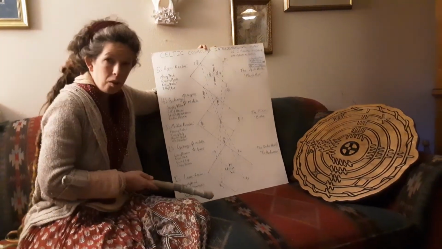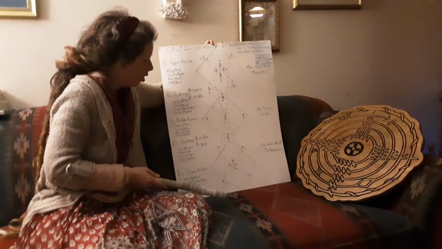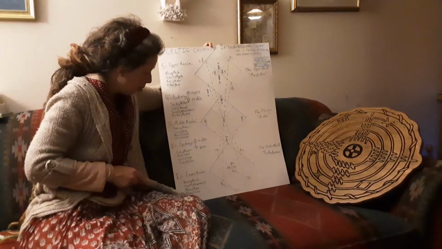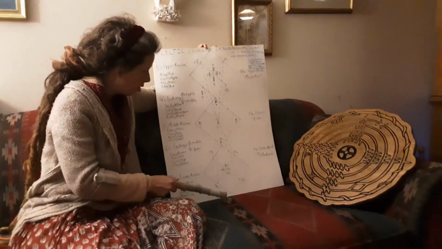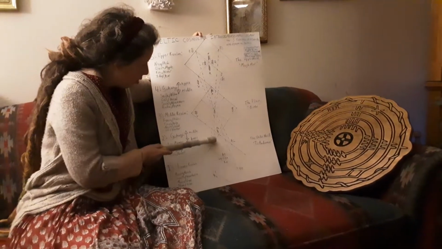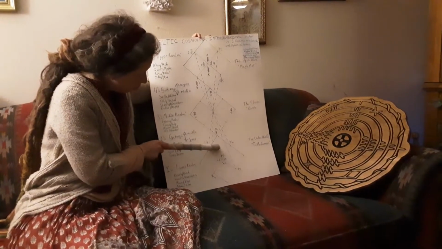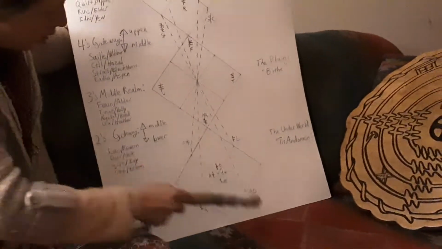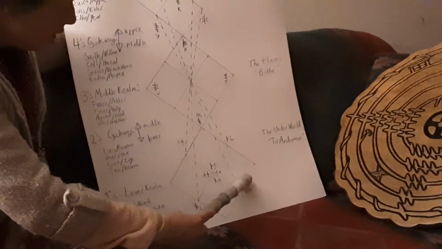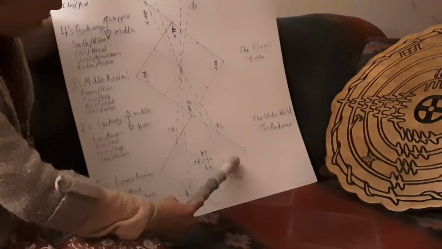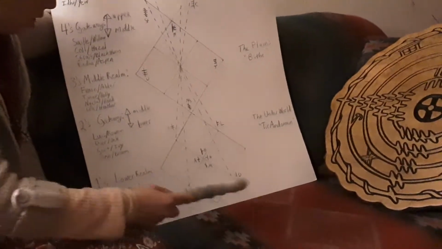Now, that was the quick rundown. Now let's break it down a little bit more as we go through the counting system. In the north of the underworld, we have B is for Beith, 1 on the right. In the east, in the lower realm, we have H for Hawthorn.